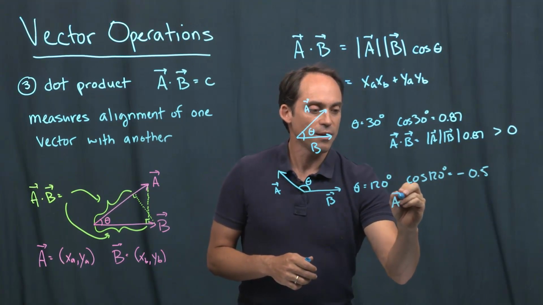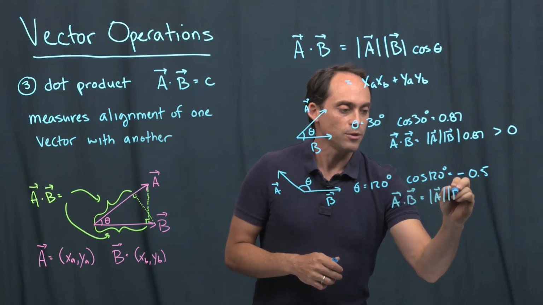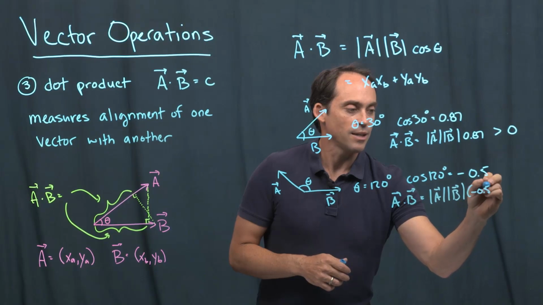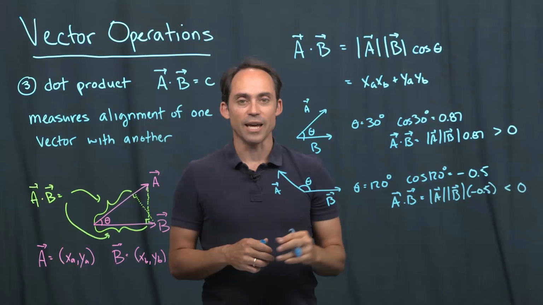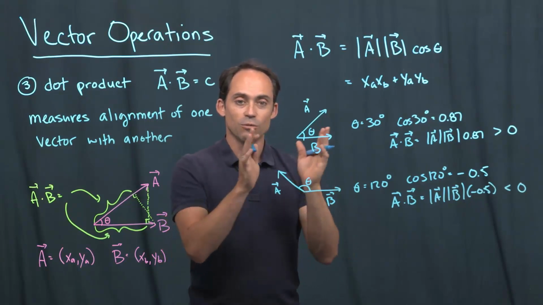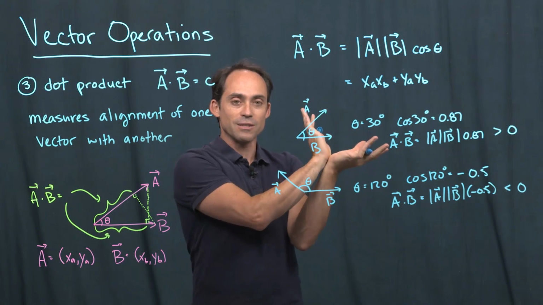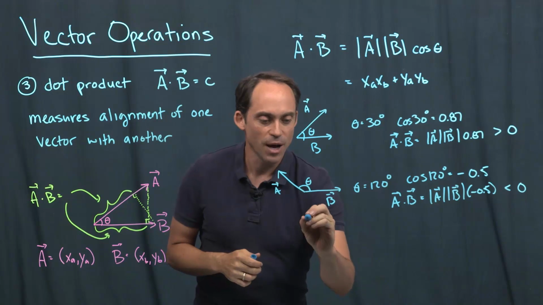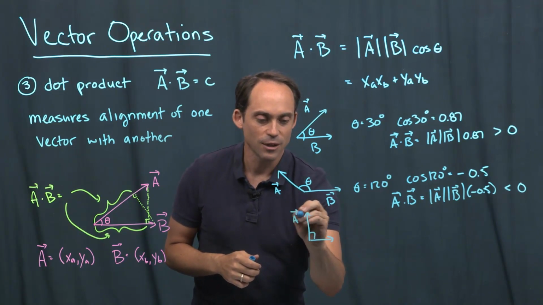And so a dot b is again equal to the lengths of those vectors times minus 0.5. This is always going to be less than 0 because, again, these lengths are always positive. So if two vectors point generally in the same direction, you get a positive dot product. If they point in slightly opposite directions, you're going to get a negative dot product. The third possibility is that you have vectors that are exactly perpendicular from each other.